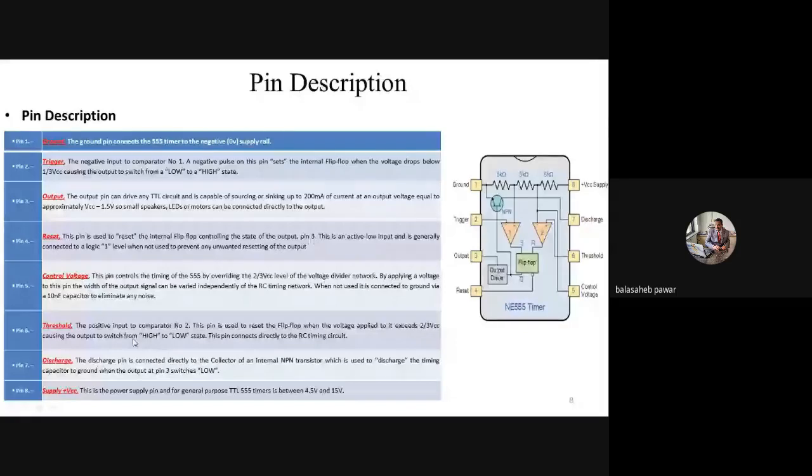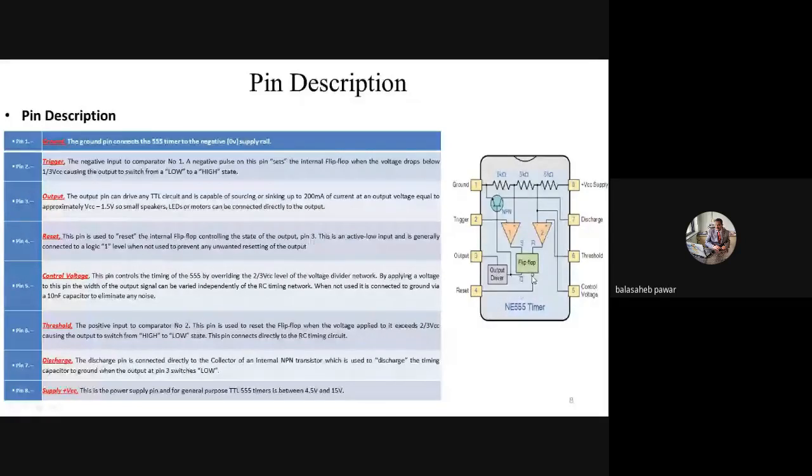Now remember, you already studied the various states of the flip-flop. That means when the conditions of S and R are 0, 0, then 0, 1, 1, 0, and 1, 1, accordingly the Q bar of that flip-flop gets decided, either 0 or 1 or not defined, correct? And that reset pin, pin number 4, is connected to the output of that flip-flop.